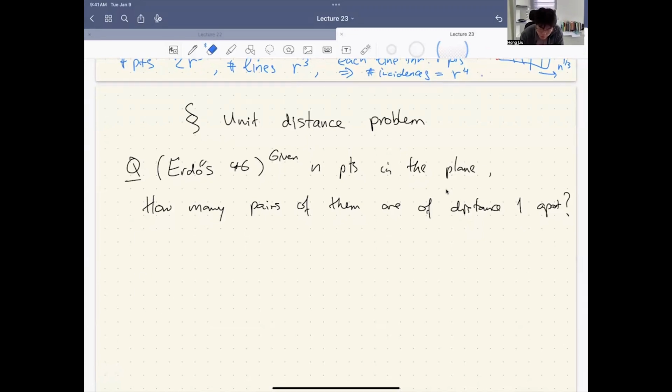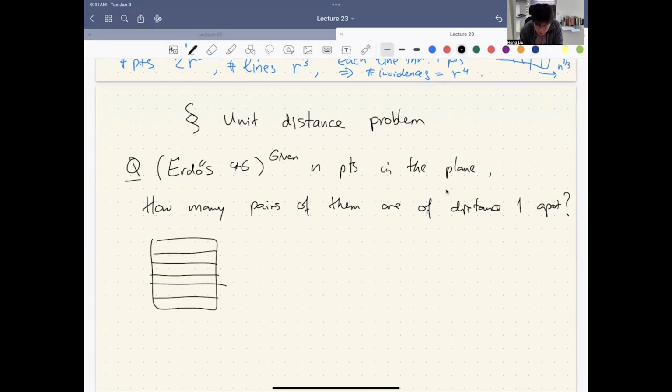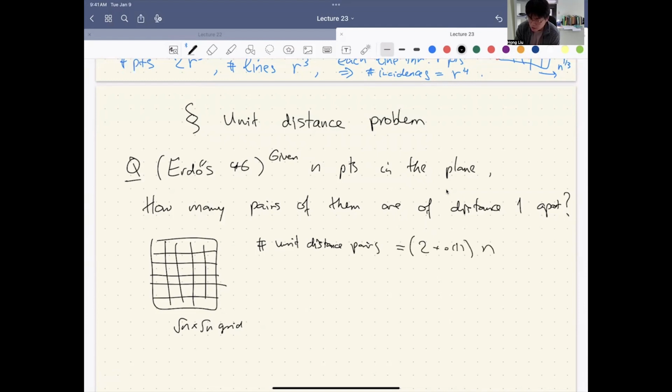If you draw this perfect grid, just to get some feeling, we want to maximize the number of pairs that are distance 1 apart. If you draw this perfect root n by root n grid, it has n points, and the number of unit distance pairs is roughly 2 plus little o(1) times n. It's easy to check. There's a clever construction using a finer grid.